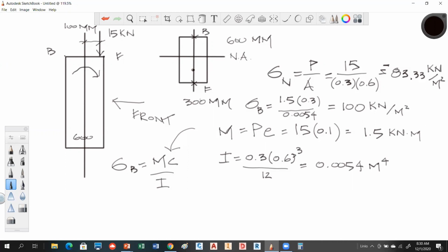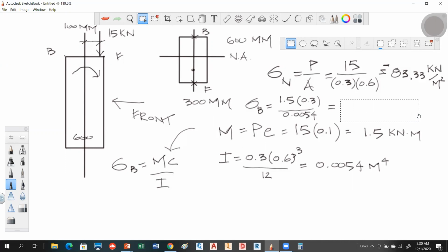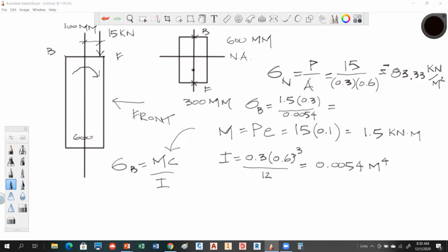Yeah, I don't get that. Anybody get a different number? I got 83.33. All right, I just got that too, Max. So I'm going to do it one more time to make sure. I'm pretty sure that's right though. 83.33. Unit should be kilonewton meter squared. Let me check it one more time. Yeah, I get that, 83.33. Okay, everybody else okay with that?